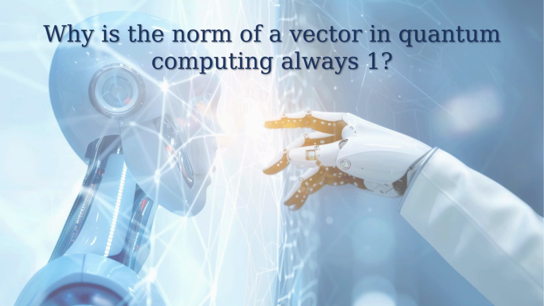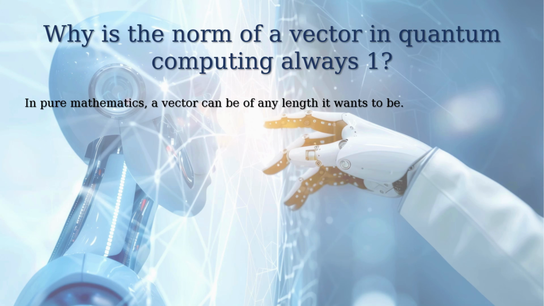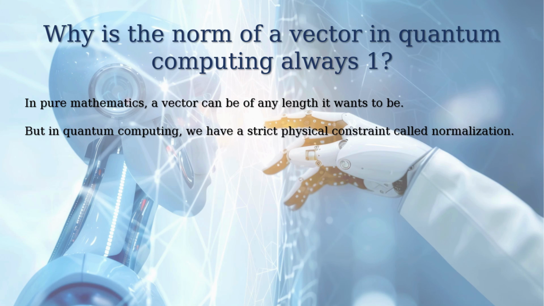Why is the norm of a vector in quantum computing always 1? In pure mathematics, a vector can be of any length it wants to be. But in quantum computing, we have a strict physical constraint called normalization.